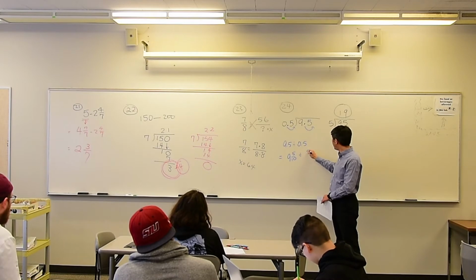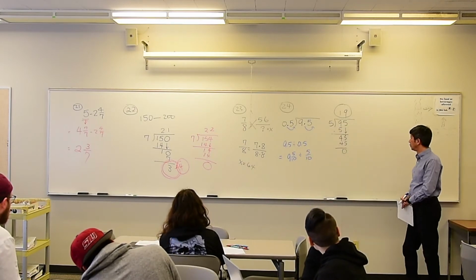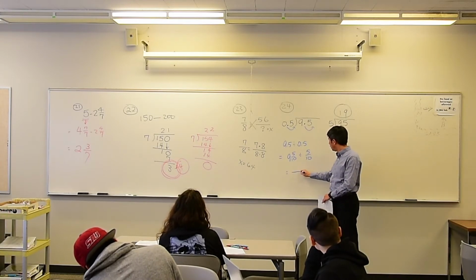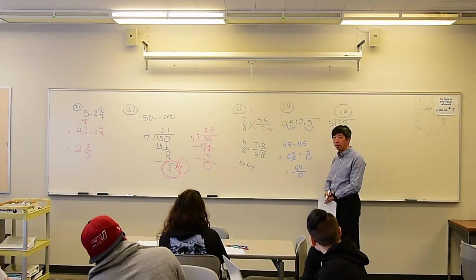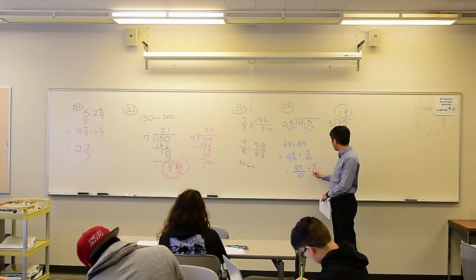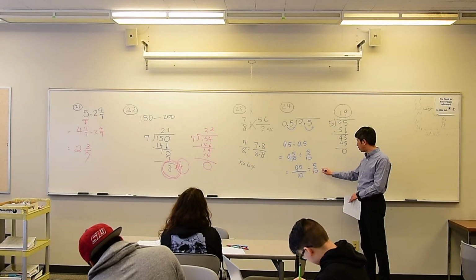Divided by 5 over 10. All right? Now, look. Can we say 95 divided by 10, like this, and then divided by 5 over 10, yes or no?